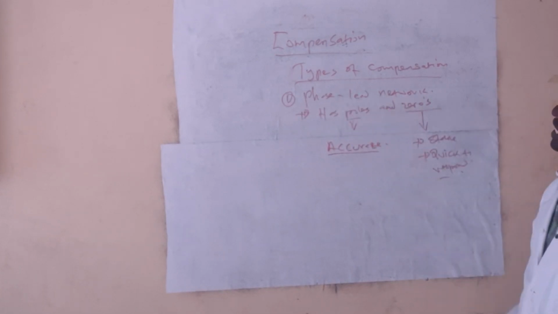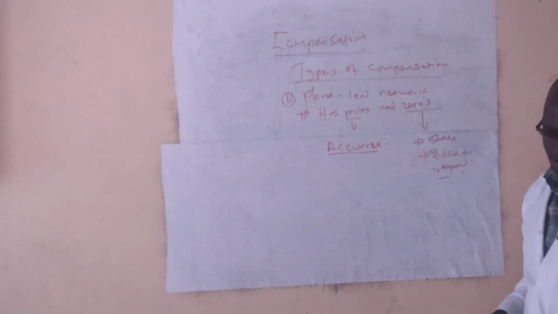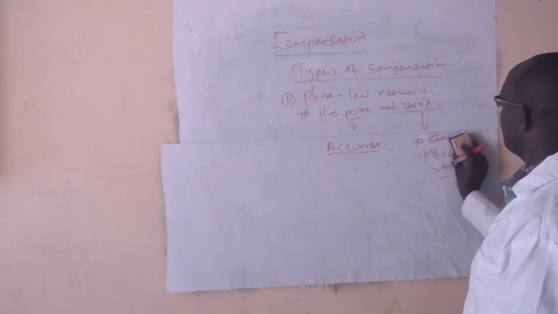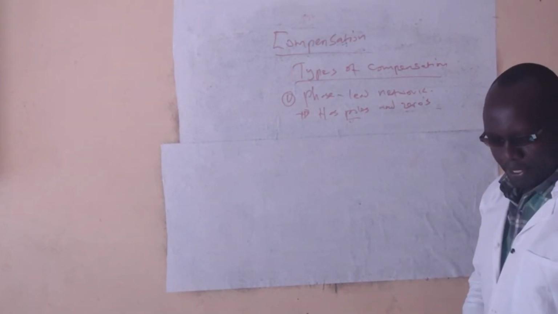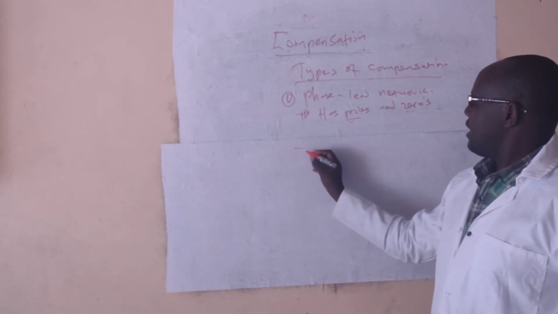So the phase lead network has got poles and zeros, but the zeros appear at the origins.